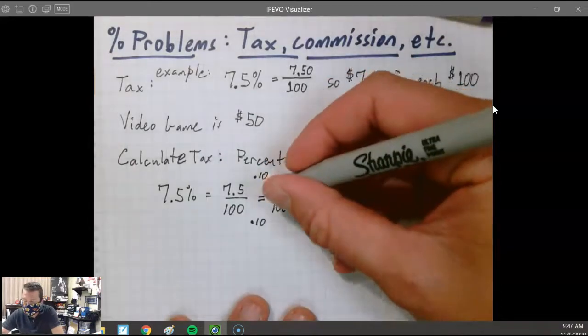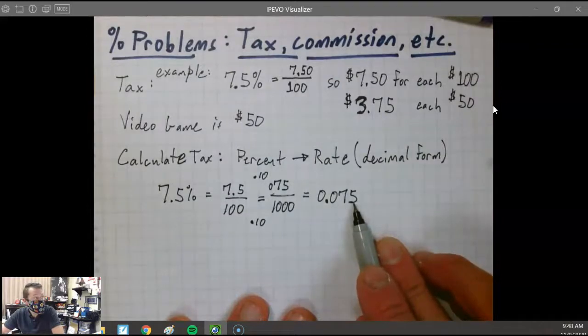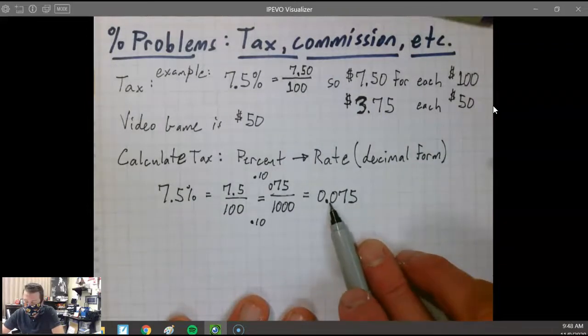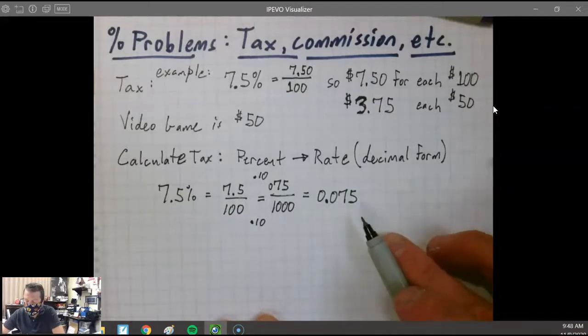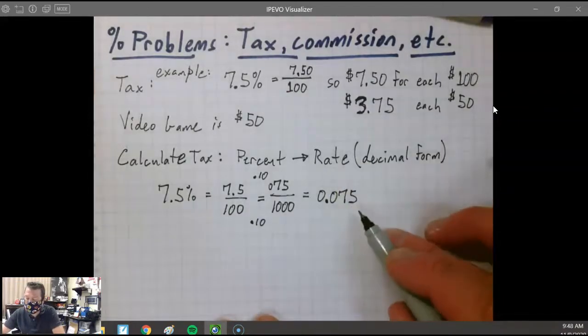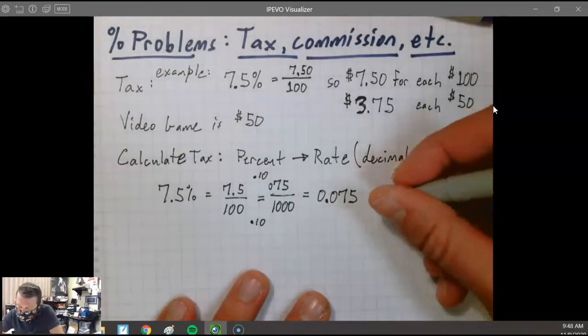So we had to add a 0 in front of here to use all those places. Right, so 0.075, 3 decimal places. So now that we've got our rate, this is our rate. 0.075 is our rate.